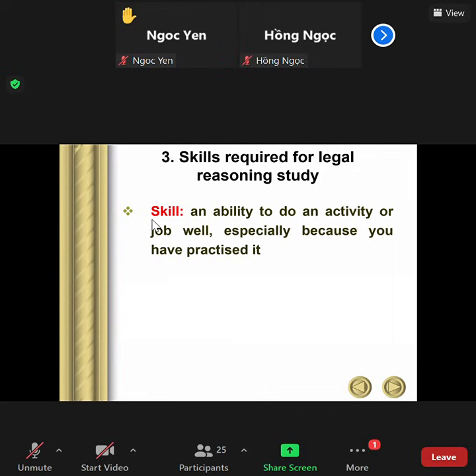Ngọc Yến, please. Yes, teacher, I think one more skill that is necessary for lawyers is the analytical skill. When you are a lawyer, you need to accept large volumes of complex information.